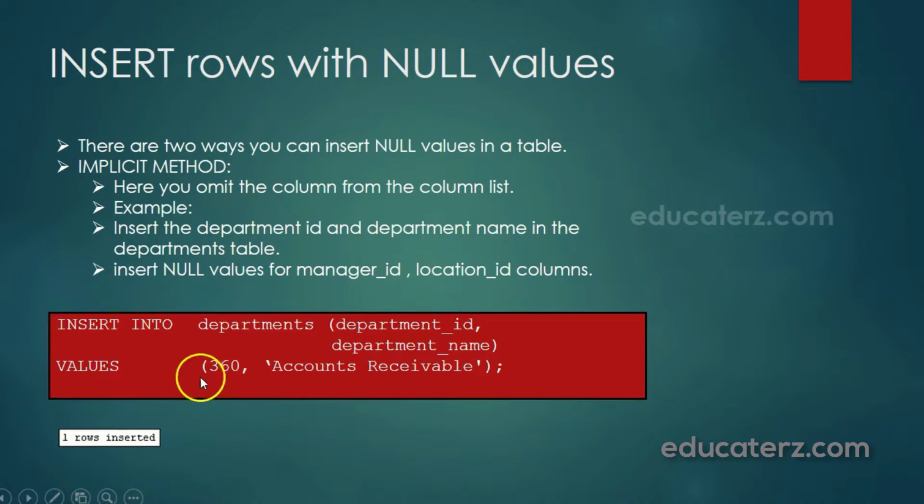In the values clause, I am passing new values for the department ID, that is 363, and the department name, accounts receivable. So only these two values are inserted into the departments table. Department ID and department name will have values, whereas manager ID and location ID will have null values.